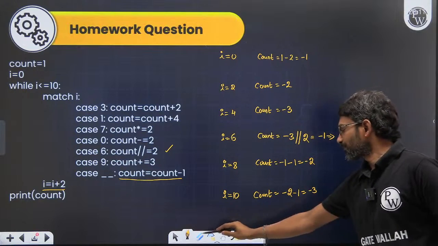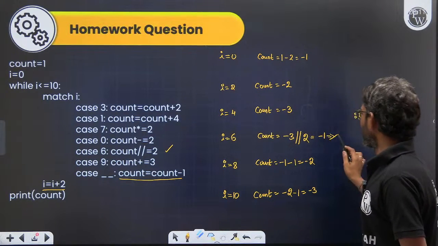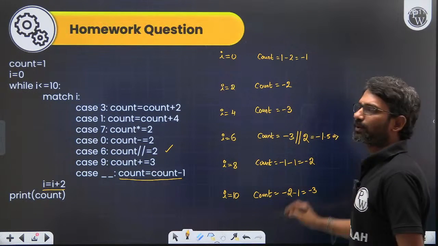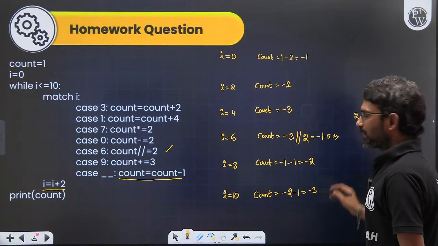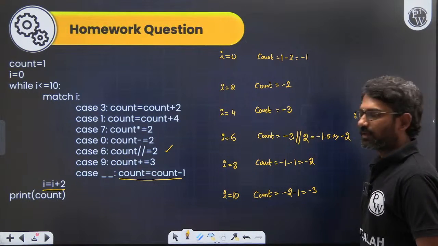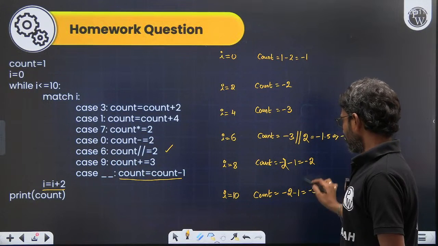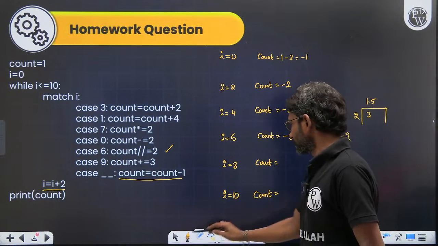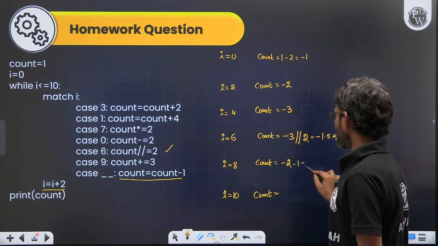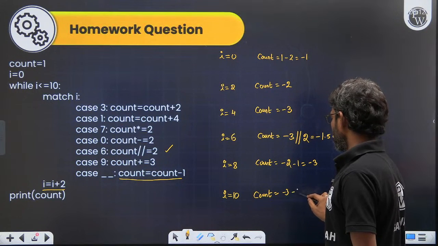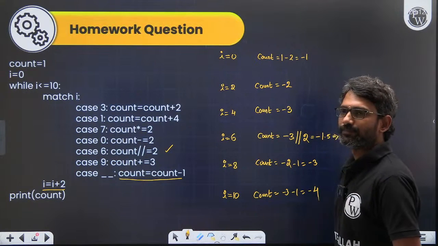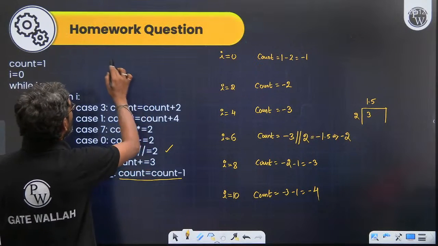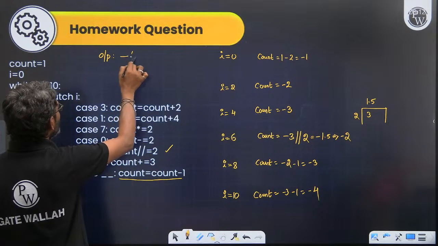So actually this value will be minus 1.5. Minus 1.5 is rounded off to the lower bound, that is minus 2. So here minus 2 minus 1, minus 3, minus 3 minus 1, that is minus 4. So the right answer would be minus 4.